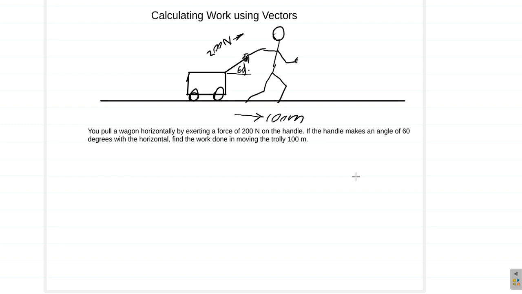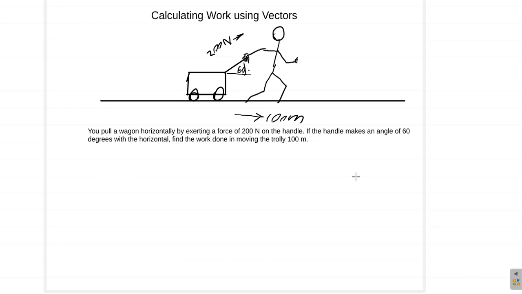It says, you pull a wagon horizontally by exerting a force of 200 newtons on the angle. So remember, you pull it horizontally, so you're going across, right?